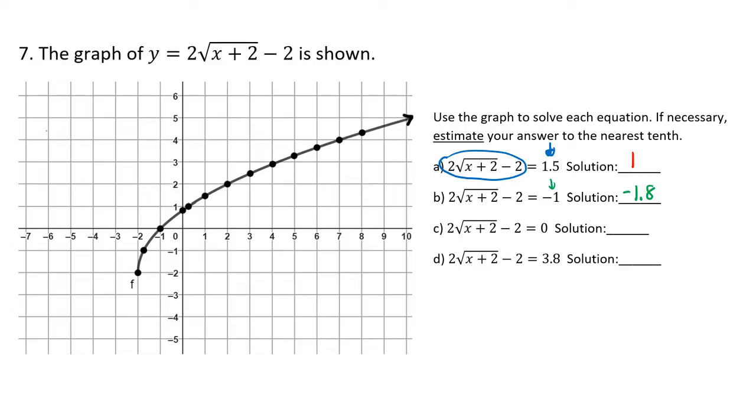We have this time equaling 0. Once again, horizontal line. It intersects right here at negative 1. Then we have our next one. Positive 3.8. So that's probably around here-ish. Drawing a horizontal line. I'm hitting this right here, and that's going to be at 6.